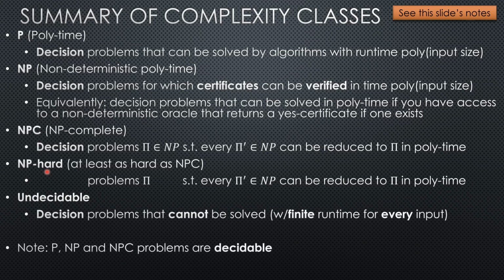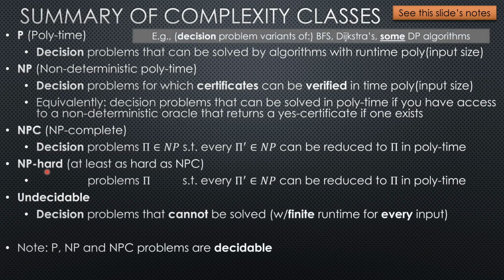Okay. Now, I can give you a couple examples of each of these just to refresh your memory. So, for example, for P, the decision problem variants, because there are some non-decision problem variants of problems, these have to be decision problems. So any true-false variants of, for example, breadth-first search or Dijkstra's or any of the dynamic programming algorithms where you can prove that they are polytime in the input size.